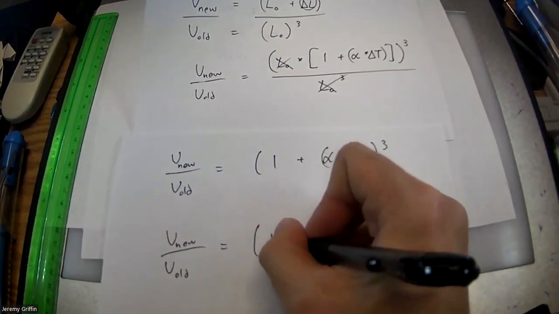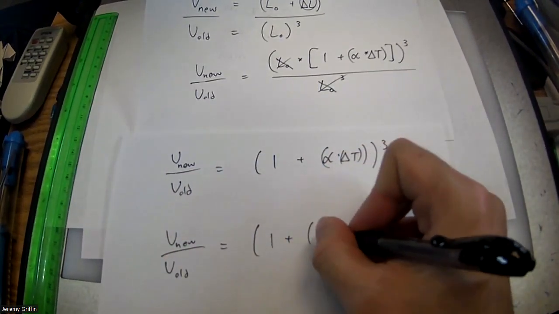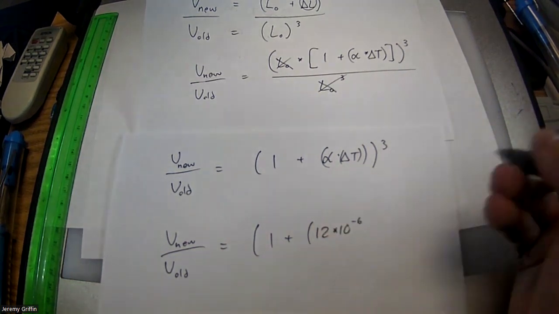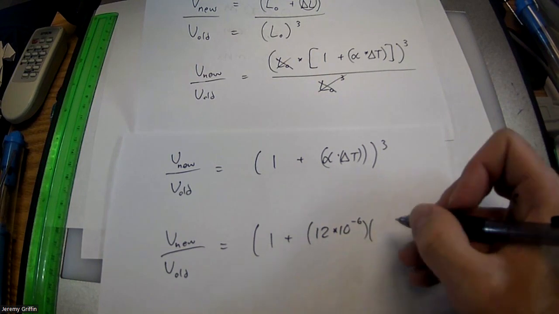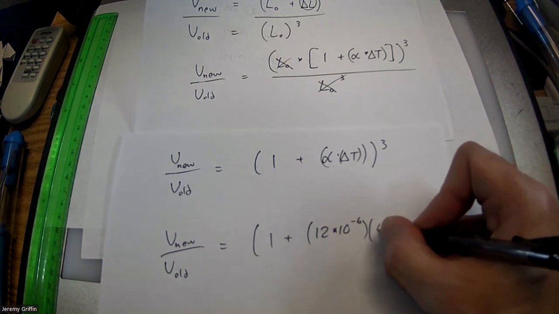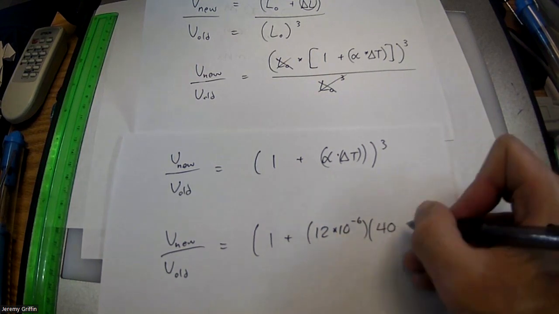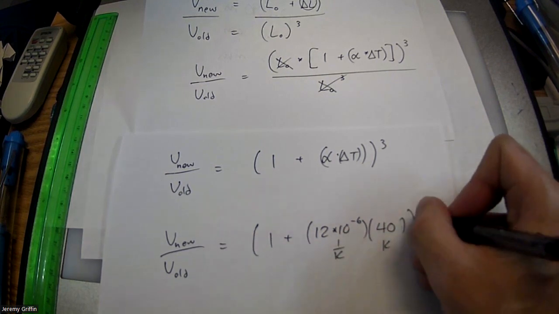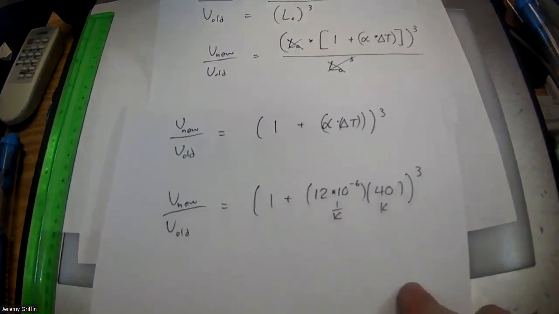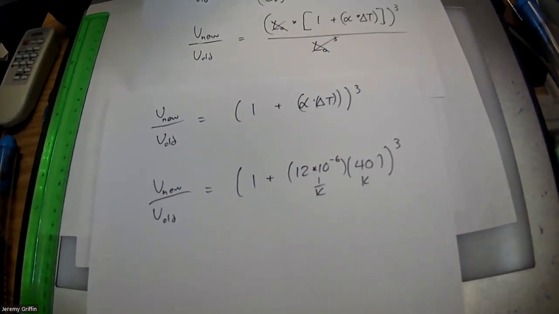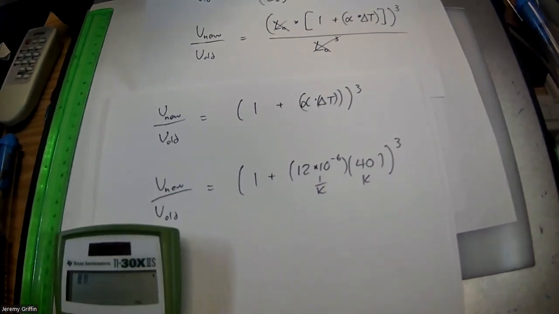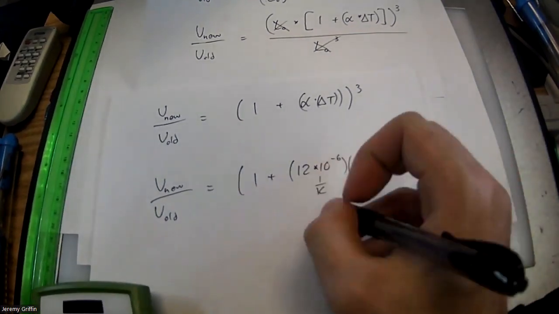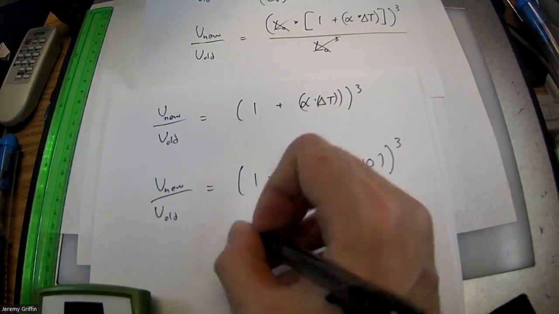Let's look at some numbers. I know the coefficient of thermal expansion was 12 times 10 to the negative 6. That's true for both concrete and steel. My temperature change, on my paper, says a 40°C temperature change. This is 1 over Kelvin. I call this Kelvin because it's a change. I have to cube this. What is 12 times 10 to the negative 6, all times 40, and then plus 1?